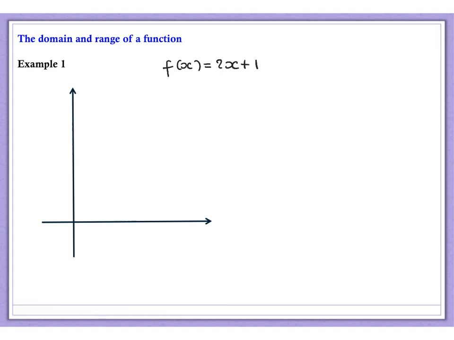I'm going to allow any x value to be inputted into this function. So I would write x is an element of the set of real numbers. This is an example of set notation, and we'll be going into more detail about this later on. It basically means x can be any number that, within our knowledge so far, we would allow. And this is called the domain.